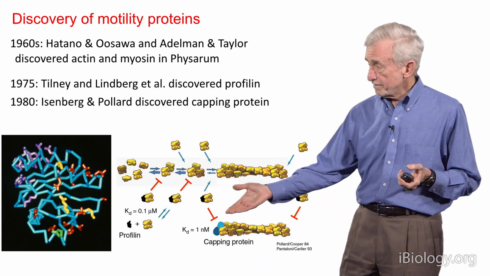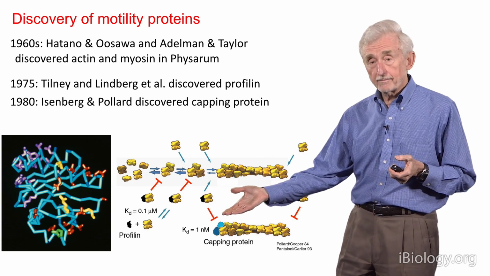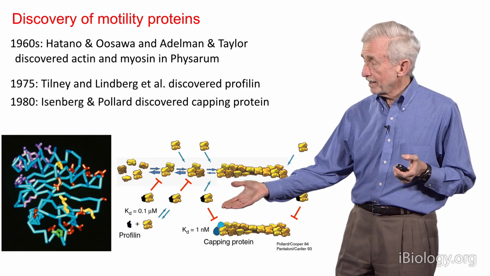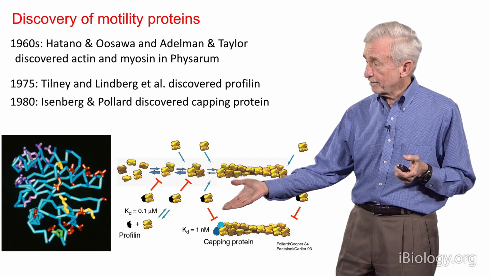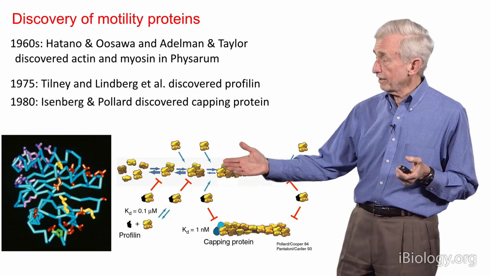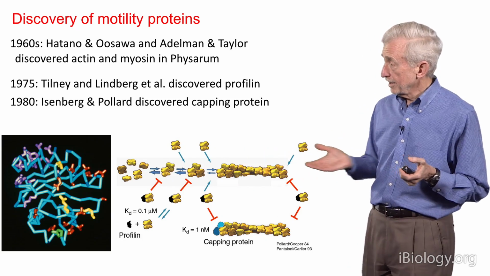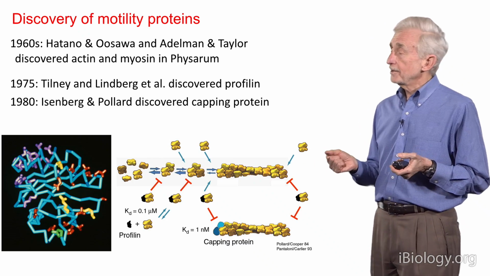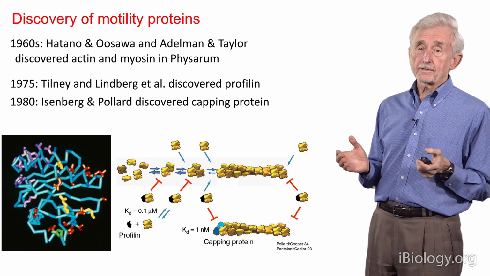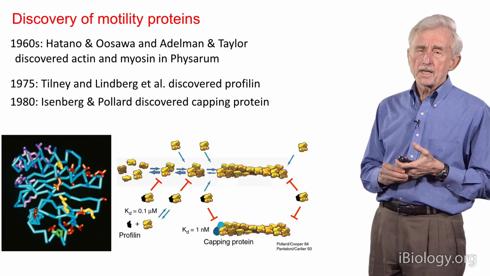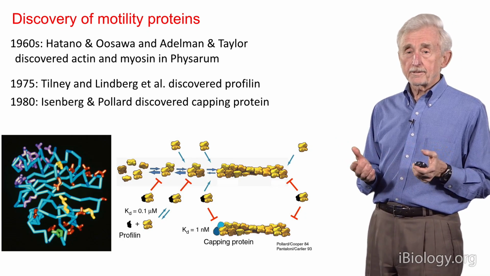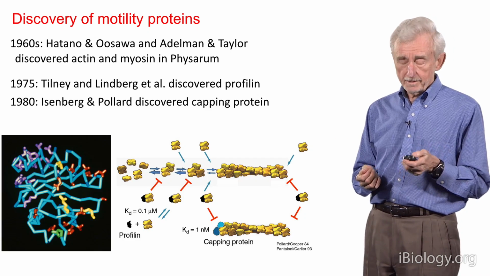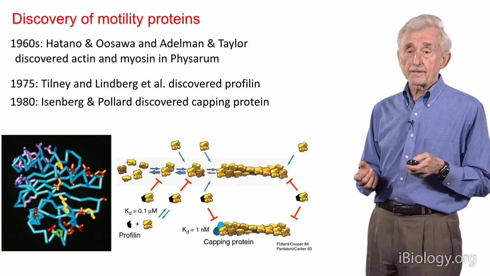However, capping protein binds with a very high affinity to the barbed end of the actin filament, and so the combination of capping protein and profilin block all of the reactions shown here on this line of the diagram. And that allows the cell to maintain a very high concentration of unpolymerized actin, on the order of 500 times higher than you'd expect if you just had actin by itself in a test tube.